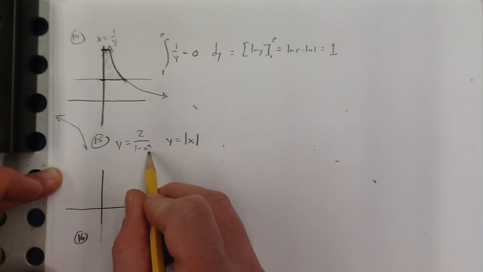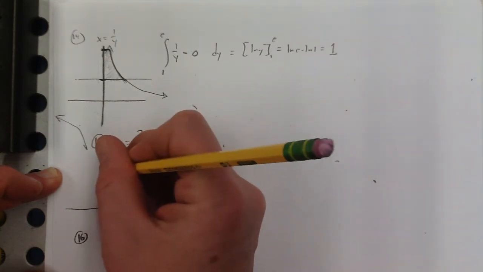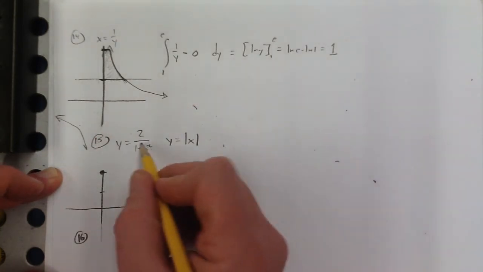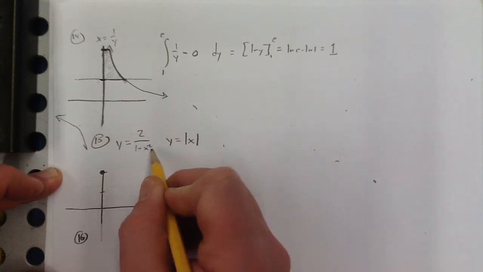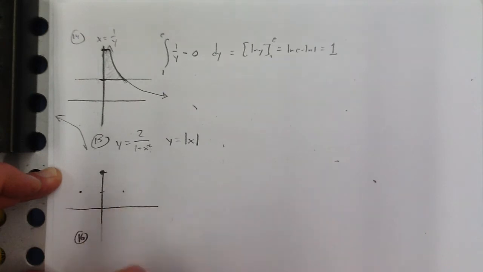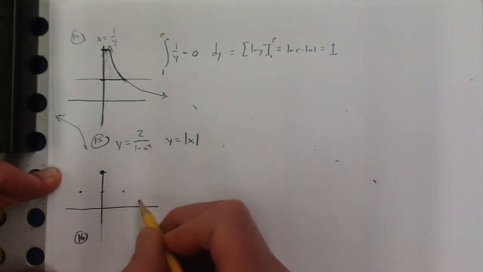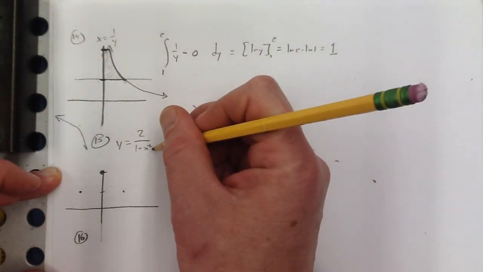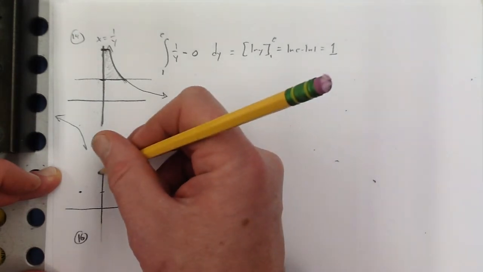If you plug 0 in this, you get 2. If you plug 1 into this, or negative 1, you get 1. And then when you start to plug things bigger than 1 in, you start to get things smaller than 2, so it comes down.